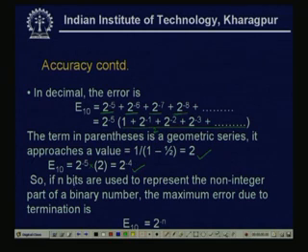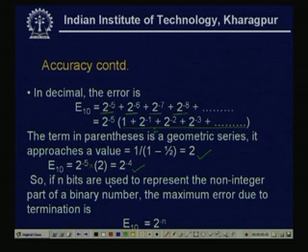So, if n bits, in our example we have tried n equal to 4, that means up to 4 bits. The binary number was given, or it was truncated, the number was truncated up to 4 bits after the decimal point. The 4 bits are taken.